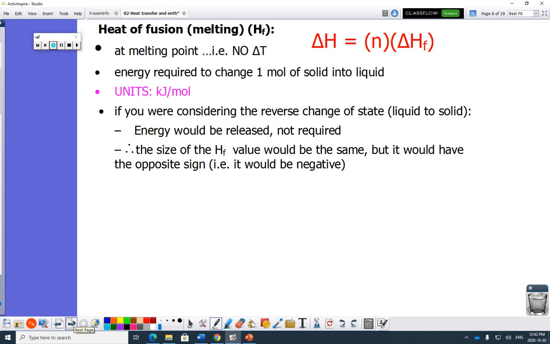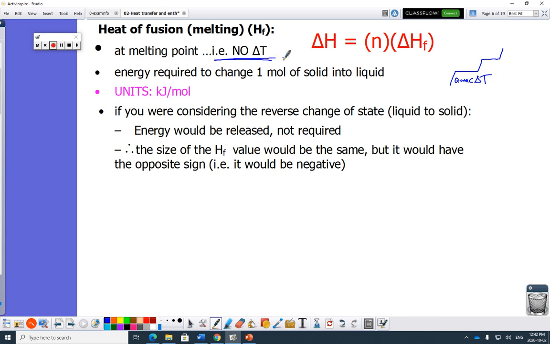Okay, so in the first lesson, we did Q equals MC delta T, where the temperature changed. And then there was this picture like this, where the temperature is changing. But now, what if there is no delta T?